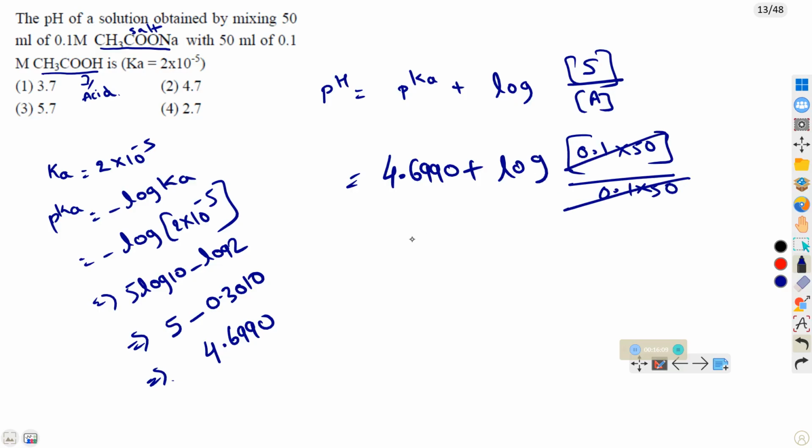Cancel, log 1 value 0, then 4.6990 is the pH. This is nearly equal to 4.7.